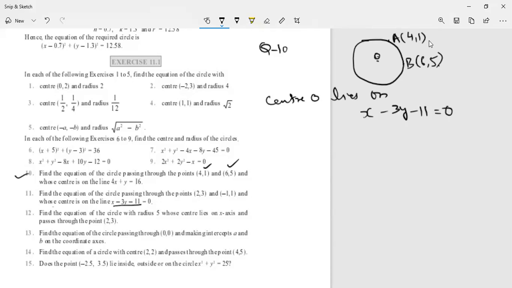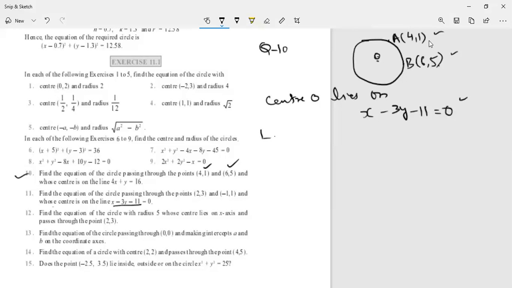Now I am using the general equation of the circle. First we will let the equation of the circle be that general form. We will apply these conditions one by one: first condition, then second condition, then third condition.